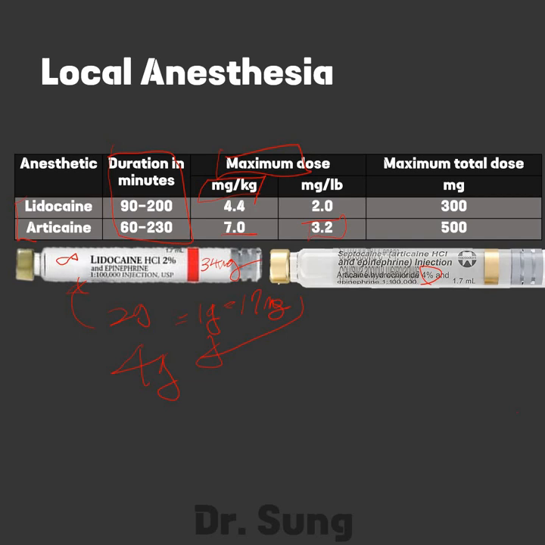If you want to go through the formula, then you can insert 4,000 milligram equals 100 milliliter equals x milligram versus 1.7 milliliter.